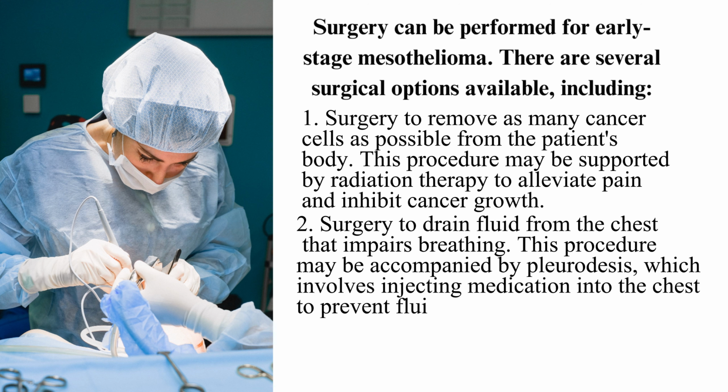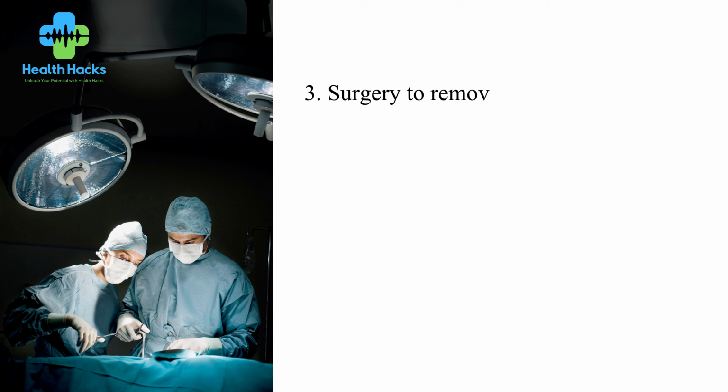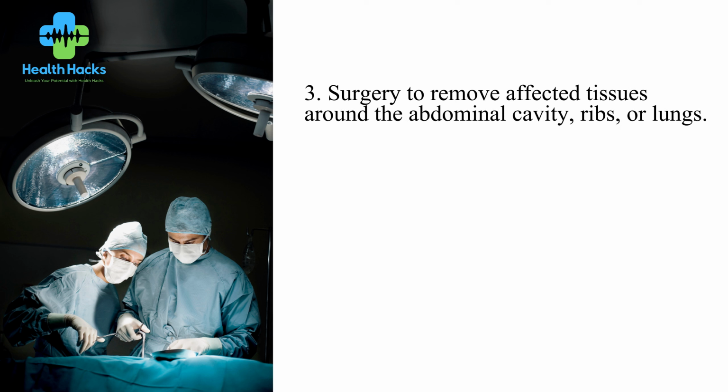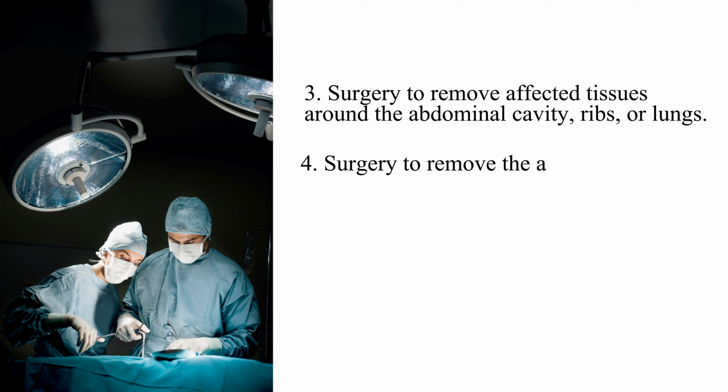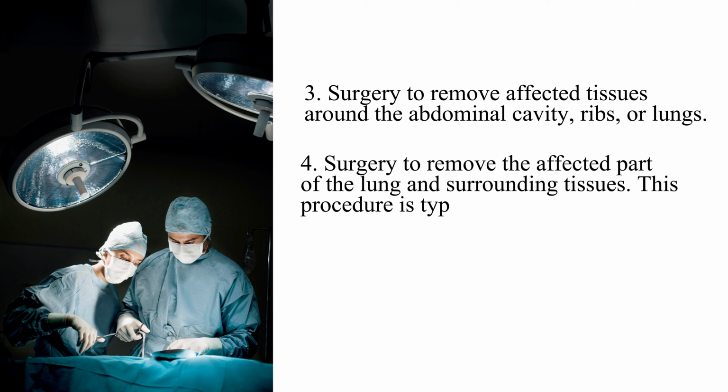This procedure may be accompanied by pleurodesis, which involves injecting medication into the chest to prevent fluid buildup. Surgery to remove affected tissues around the abdominal cavity, ribs, or lungs. Surgery to remove the affected part of the lung and surrounding tissues. This procedure is typically followed by radiation therapy.